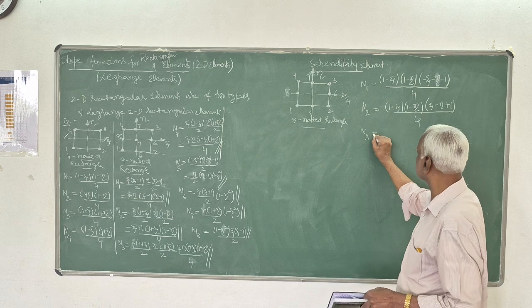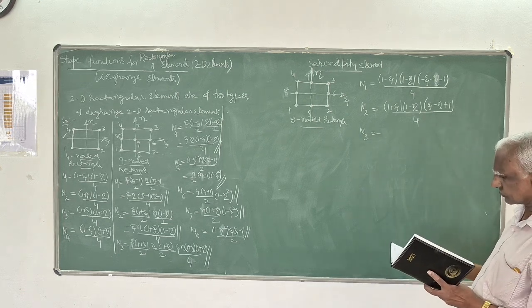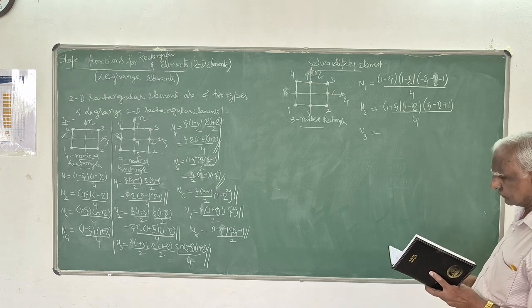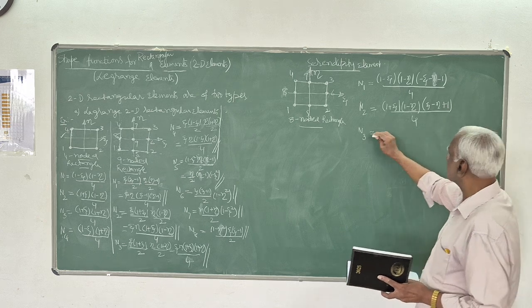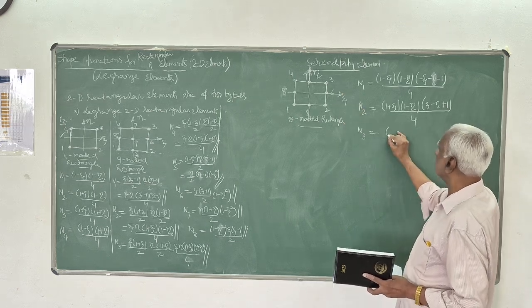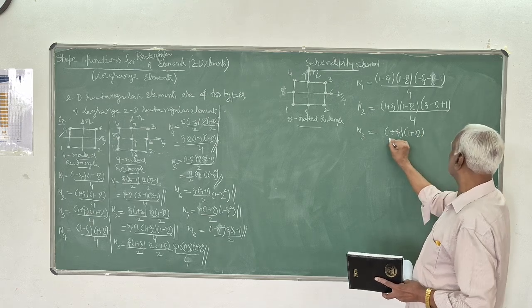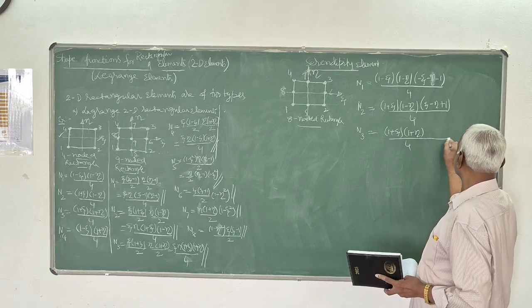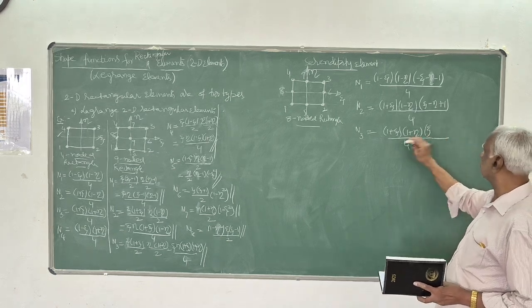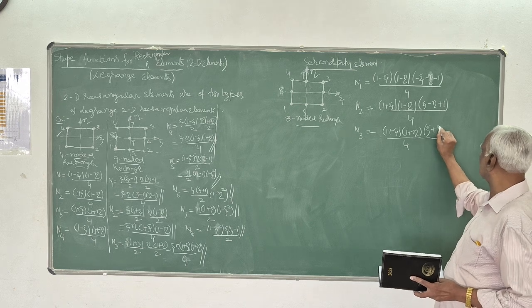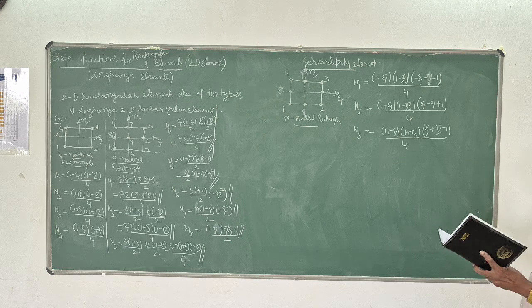N3 you can write on the same lines: N3 is (1 plus psi)(1 plus beta) into (psi plus beta minus 1) divided by 4.